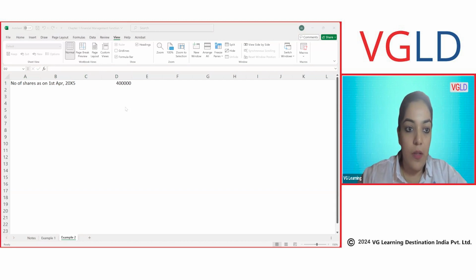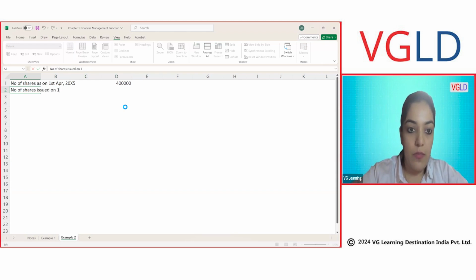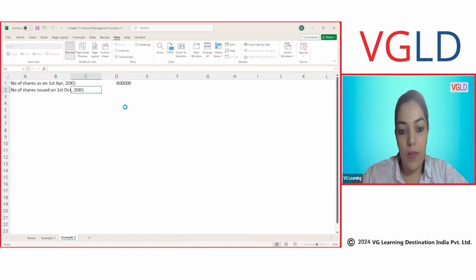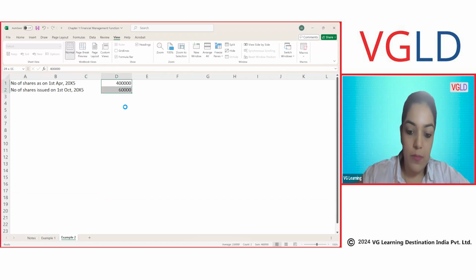Number of shares issued on 1st October 2015 is 60,000.